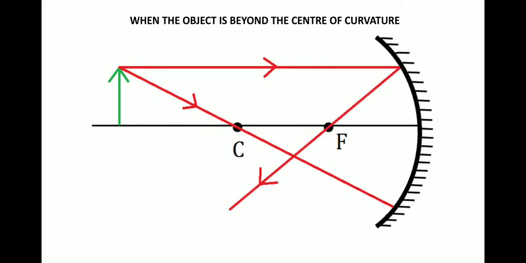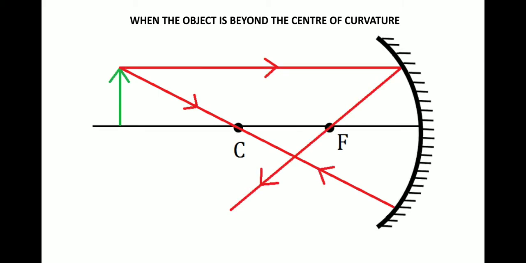See, the parallel light after being incident on the mirror reflects passing through the focus, and the light which passes through the center of curvature retraces back on the same path. So there will be a point of intersection out here. The point of intersection is considered as the point where the image will be formed.